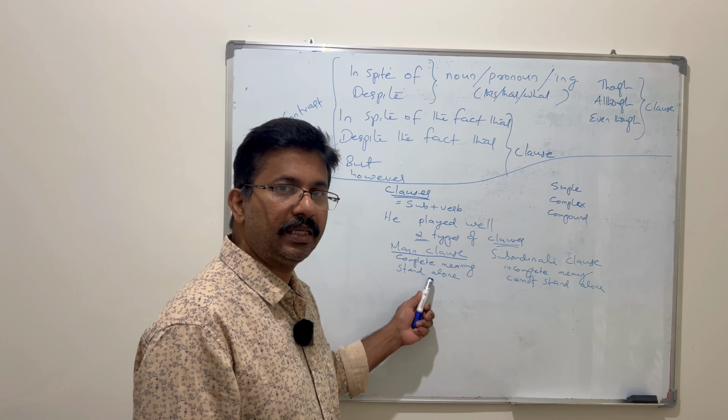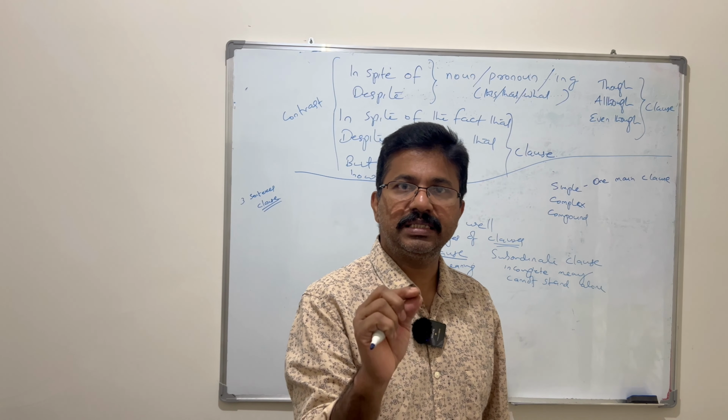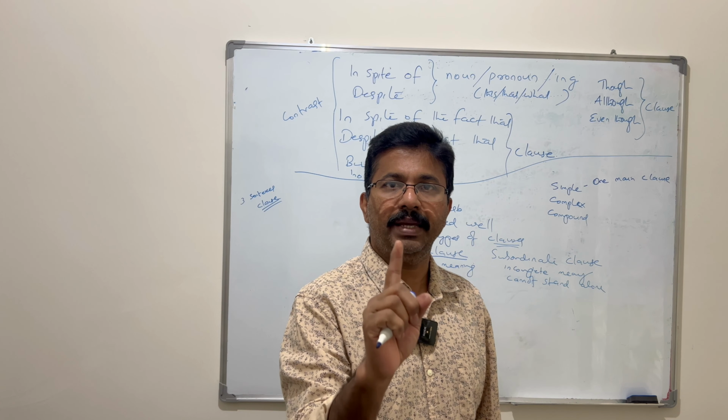A main clause can stand alone, while a subordinate clause can't stand alone because it does not have complete meaning. All right, now the definition. A simple sentence consists of one main clause alone. Just one main clause.